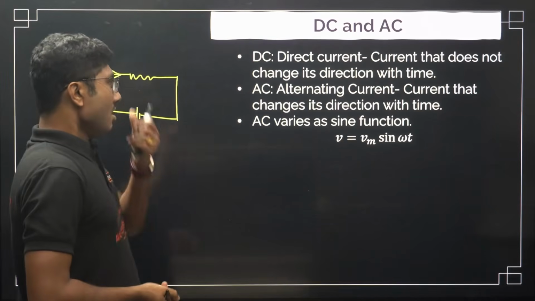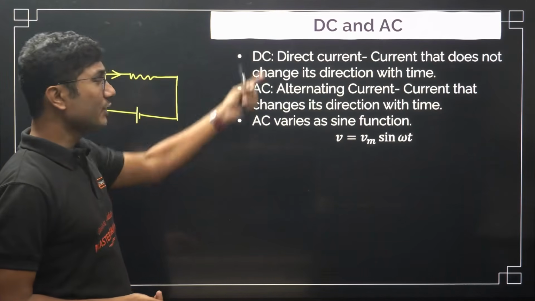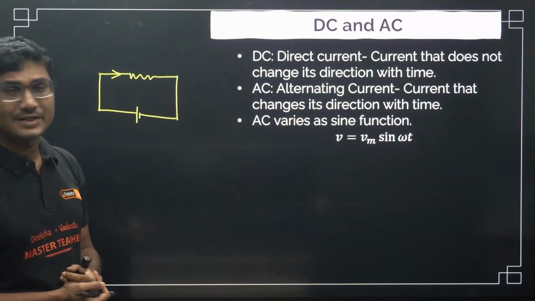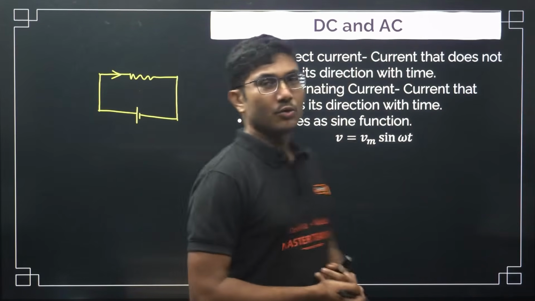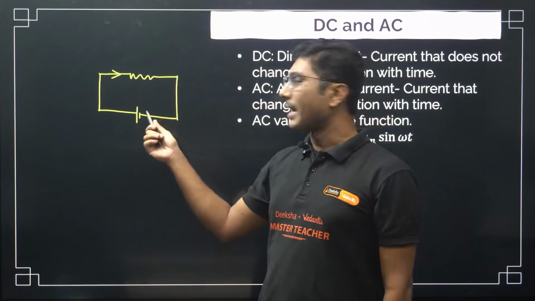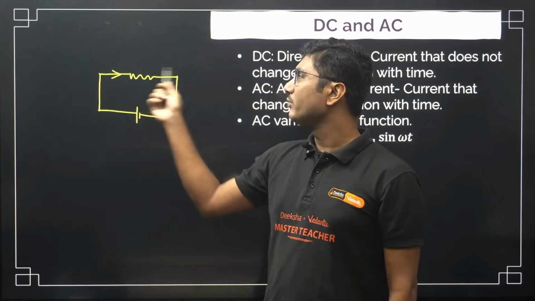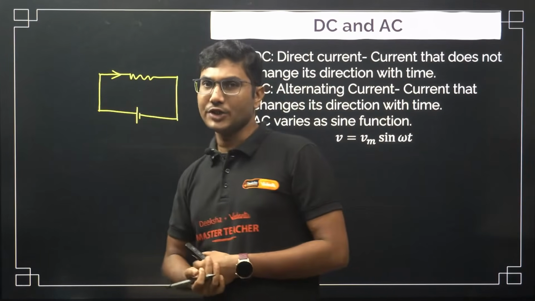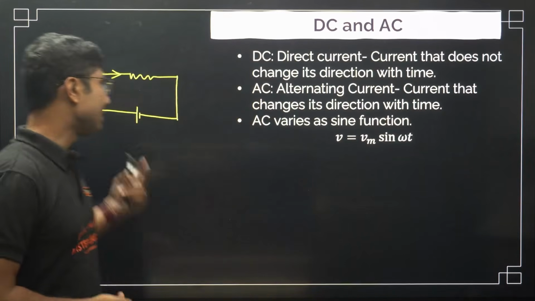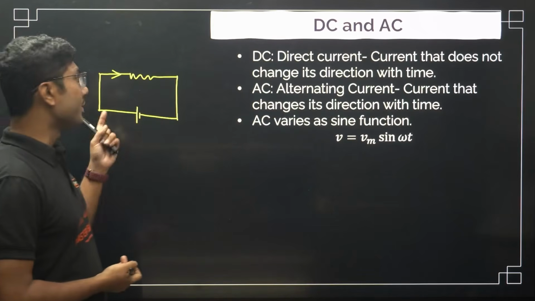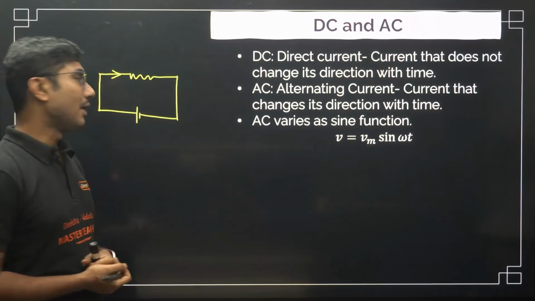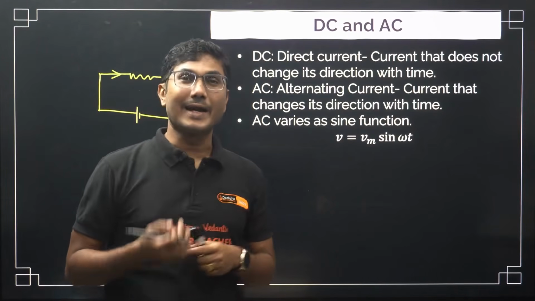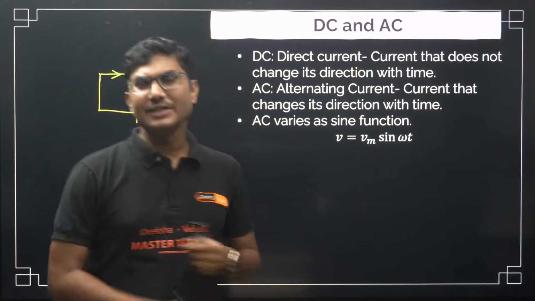Now, direct current is basically current that does not change its direction with time. No matter what, as long as the battery is connected, the current will always flow in the same direction. The direction of the current will remain unchanged. Now what if you can design a circuit where the direction of the current changes with time?